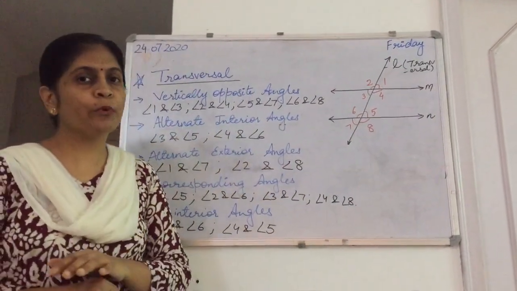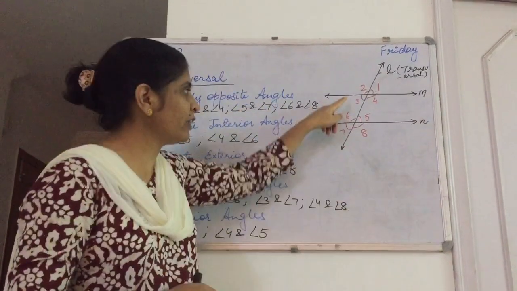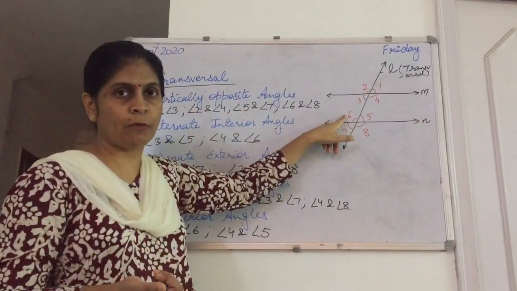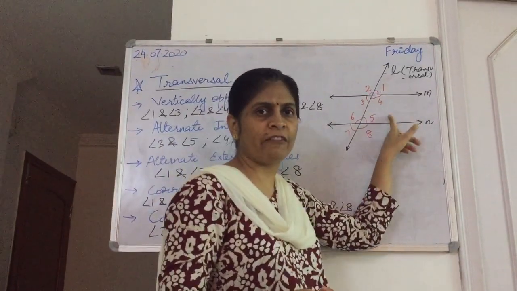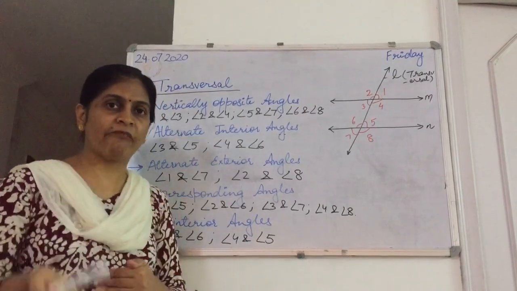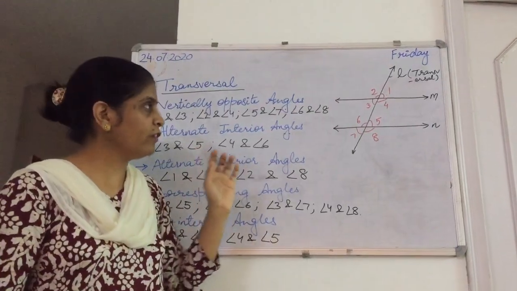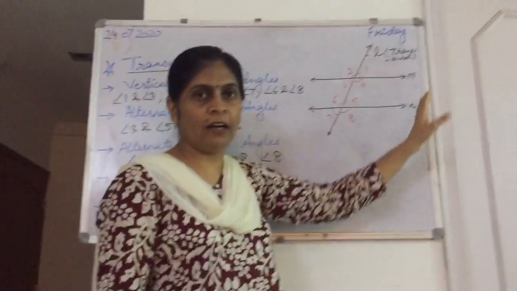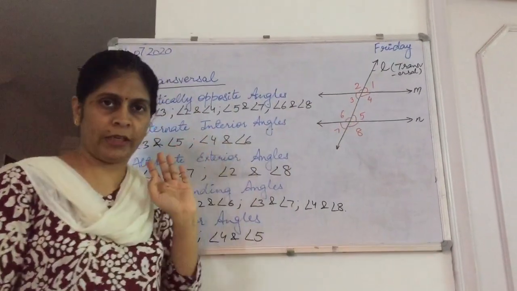If you have to prove that lines M and N are parallel, then you have to prove that the sum of 3 and 6 is 180, or that 4 and 5 is 180. If these lines are given as parallel, you should know that these sums will be 180.